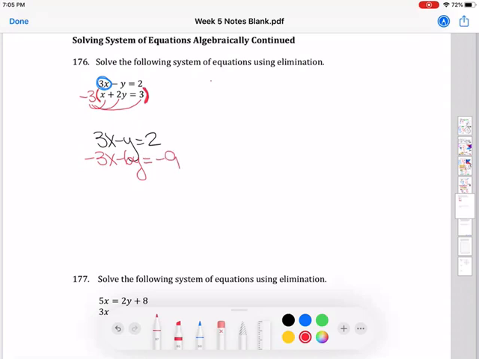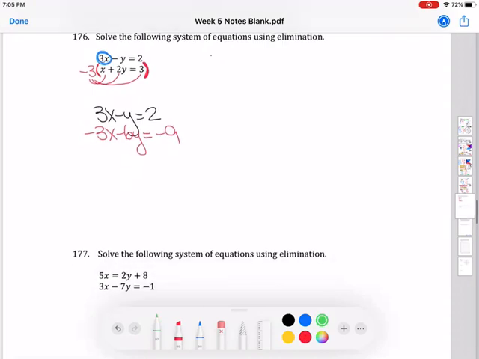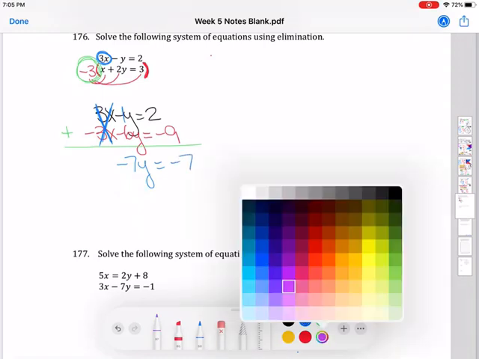And -3 times a positive 3 is a -9. Now notice what we have here. Now that we've multiplied that -3 through, when I go to add these two equations together, I have elimination. My 3x minus 3x will completely eliminate, and I'm good to solve for y. So when I continue this problem, -1y minus 6y is a -7y, and 2 plus a -9 is a -7.